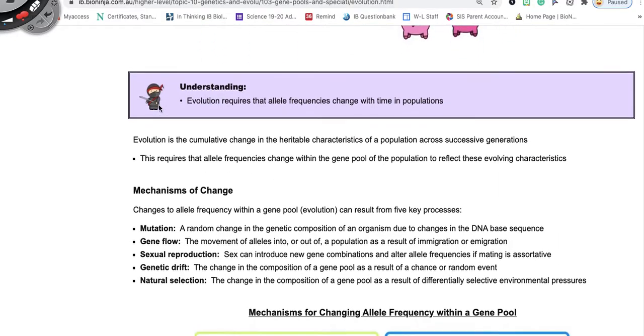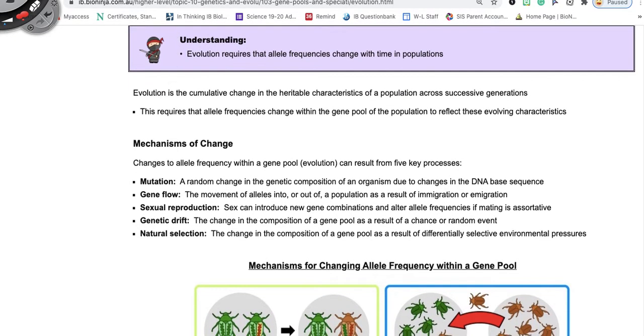All right, so what is evolution then? If you recall from last year, evolution is a cumulative change, but that cumulative change in a population requires that allele frequencies change with time.